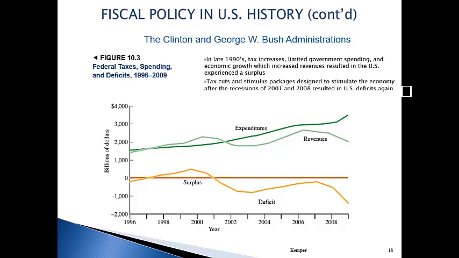Now, I don't want you to get from this that Clinton was good and Bush was bad as far as economic policy goes, because the global recession should not be compared to the 1990s technology boom. It's like I said before, it's very difficult to compare two time periods in economics.